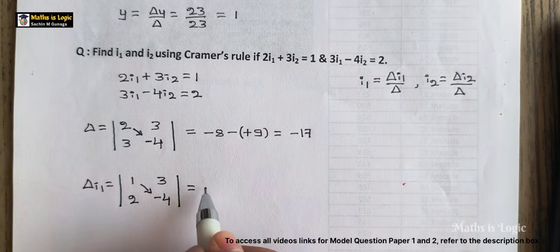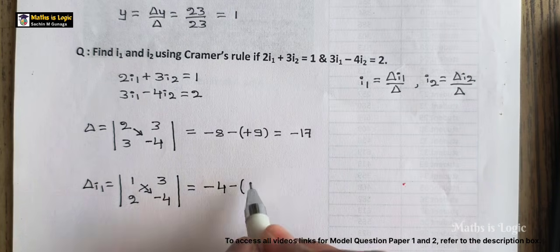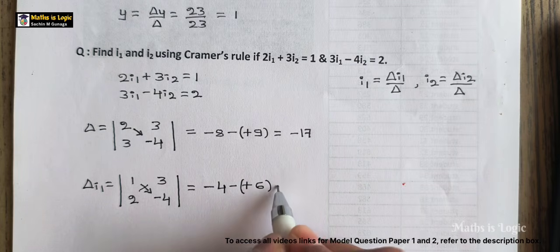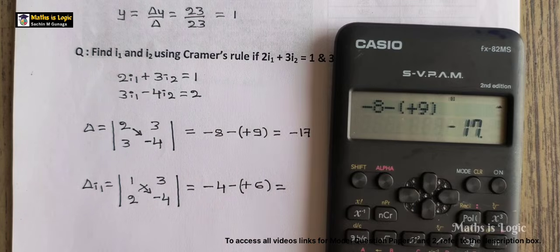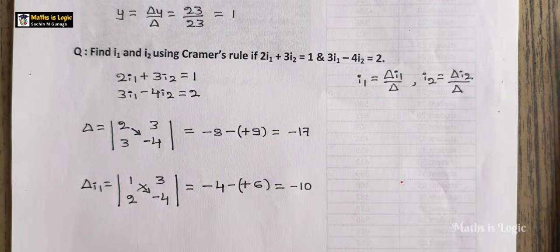Plus into minus is minus, 1 into 4 is 4. Middle minus sign, plus into plus is plus, 2 into 3 is 6. Therefore minus 4 minus of in bracket plus 6 is minus 10. So write minus 10.